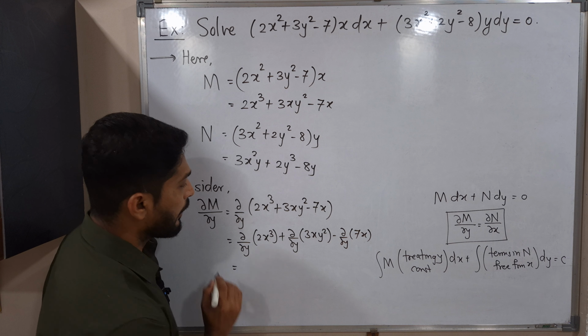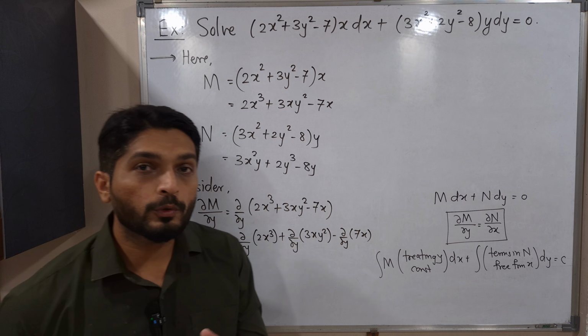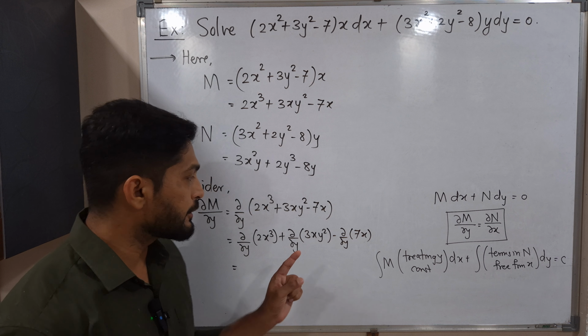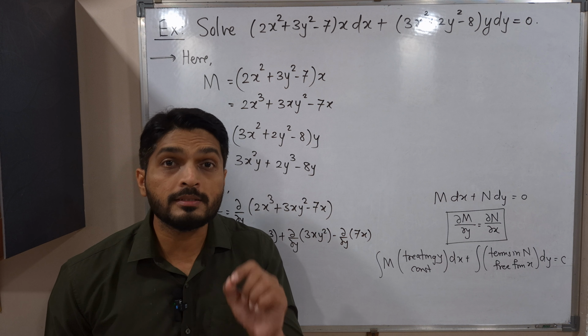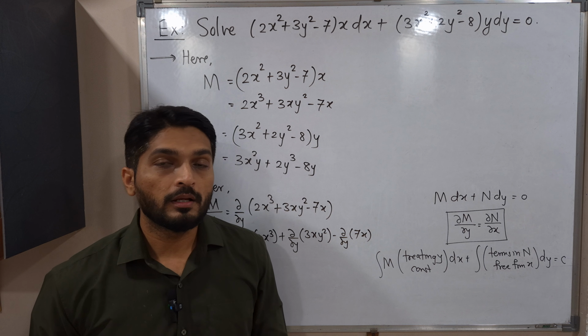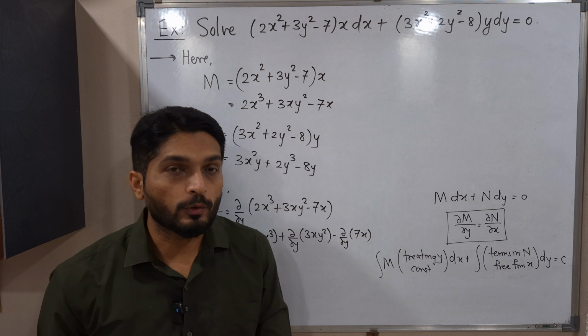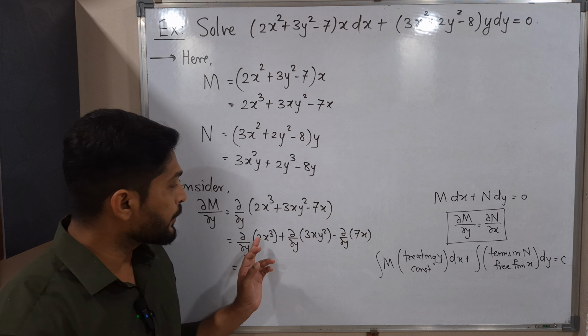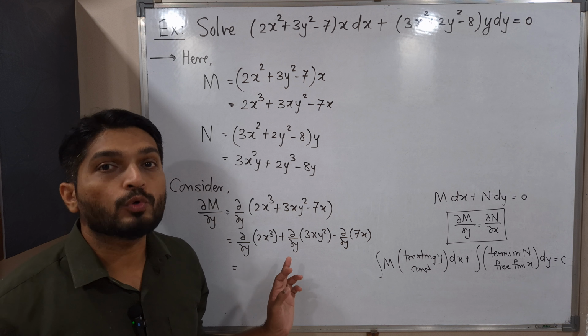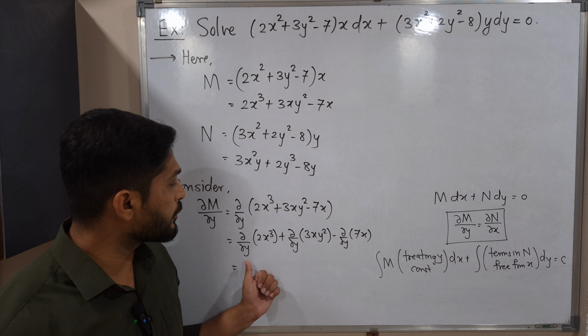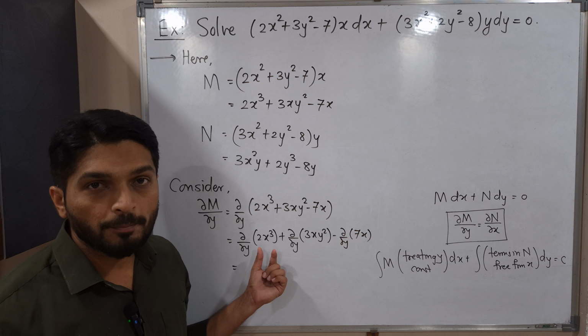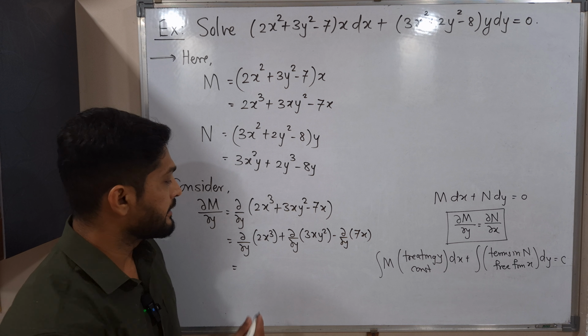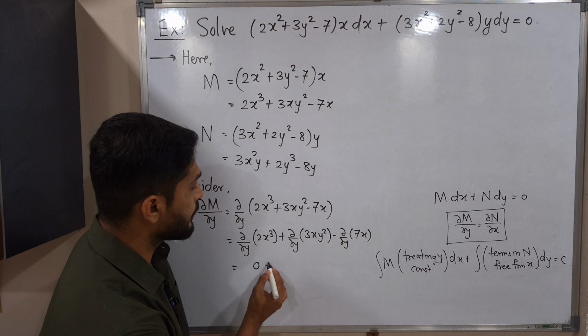Now let us find the derivatives. As I told you earlier, when we differentiate with respect to y, we consider x a constant, so let us take constants outside. Consider the first term. There is no y. 2 is constant, and x cube is also constant since we are differentiating with respect to y. So this is an entirely constant term. The derivative of a constant is 0, so you will get 0 here.